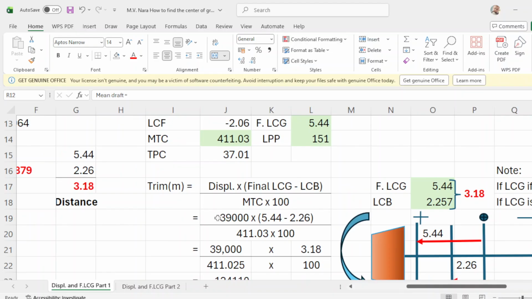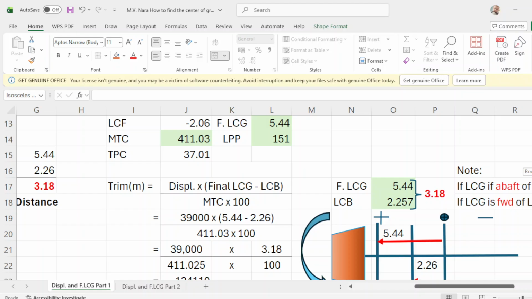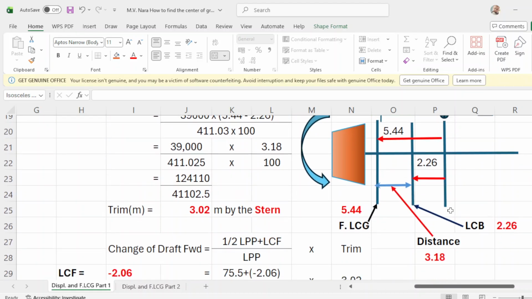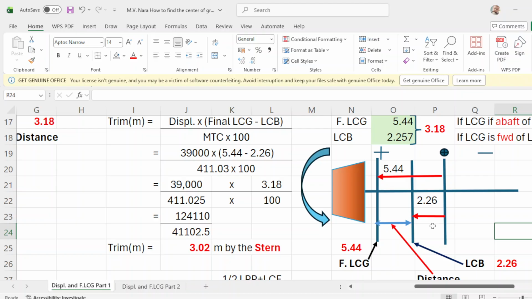This is the displacement of 39,000 over your MTC of 311.03 times 100. Multiply this one, that will be 124110.